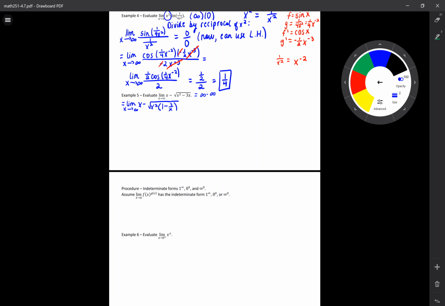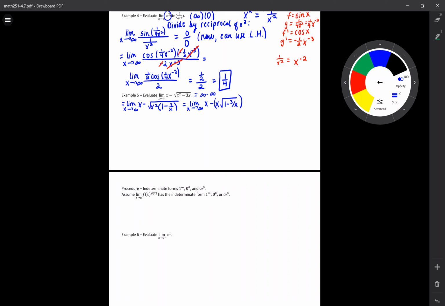We know that the square root of x squared is just x. So this will be equal to the limit as x approaches infinity of x minus x times the square root of 1 minus 3 over x. So here I have just taken that x squared out of the square root so that I have x.